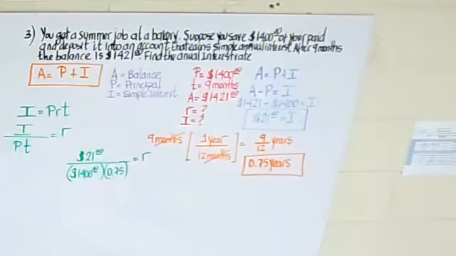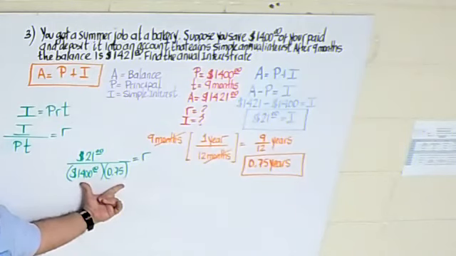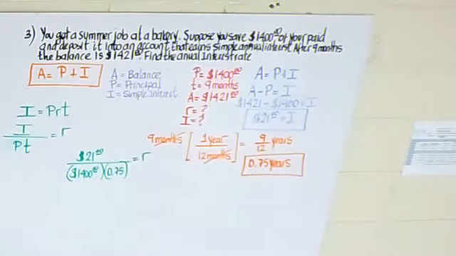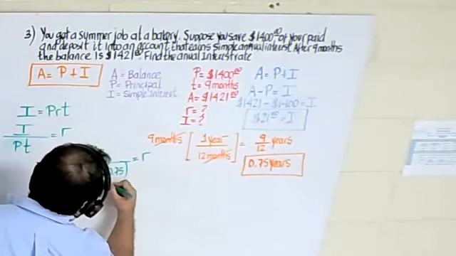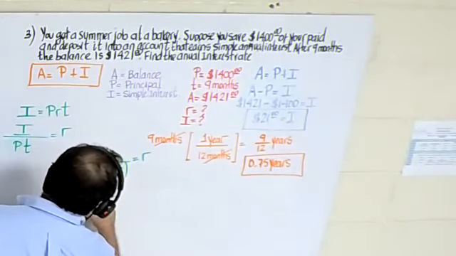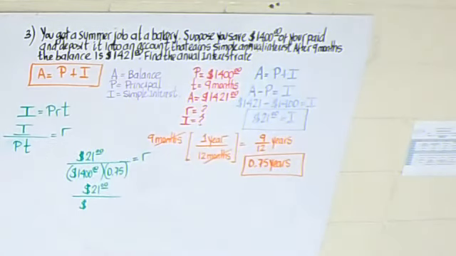So before continuing to find the interest rate, remember we must multiply first the values in the denominator. I mean 0.75 times 1,400. And the result will be 1,050. Then we must divide $21 divided by 1,050.